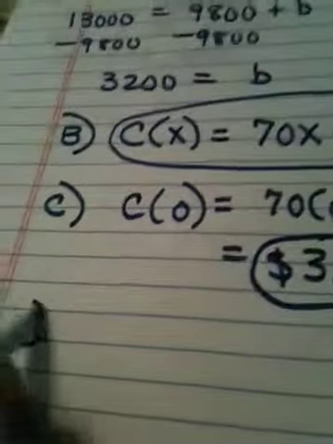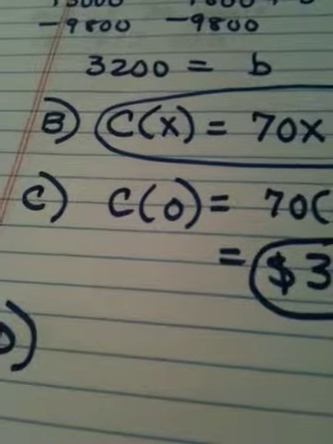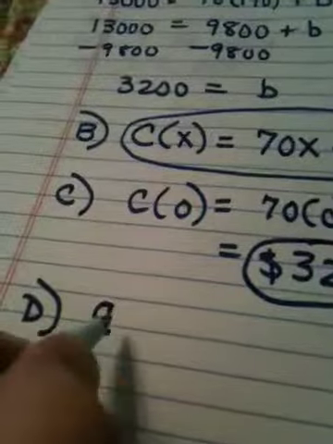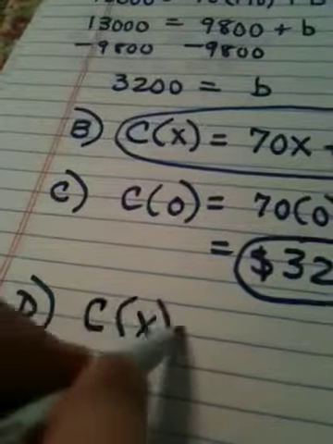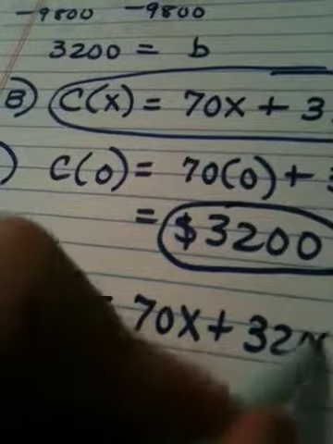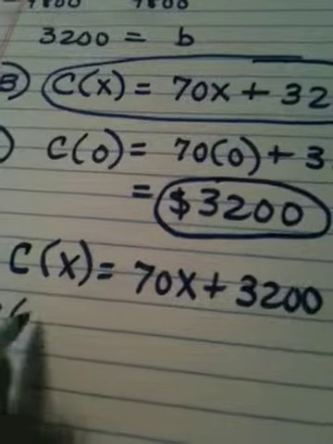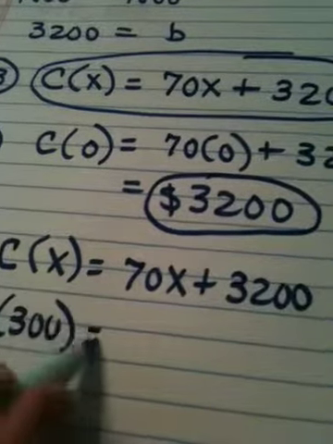Okay, part D says, what is the total cost to produce 300 players? Okay, I have my function, C of x equals 70x plus 3,200. And if I want to know the cost for producing 300 players, that means x is 300.